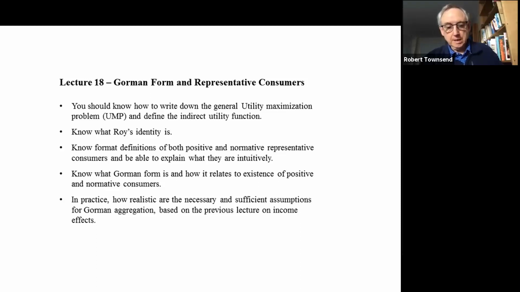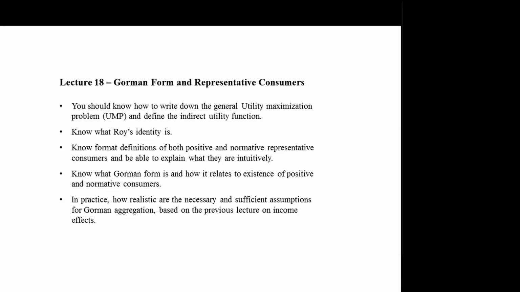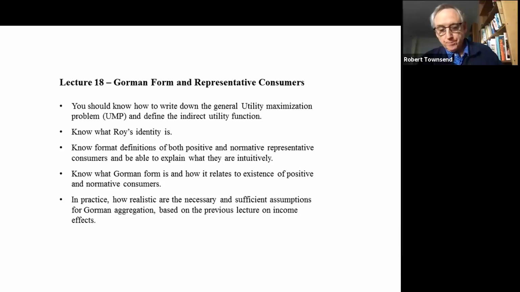And the statement about Gorman form is this form in which that indirect utility function must take in order to do this positive and normative thing. Can someone volunteer to tell me what, in words, if you can, what the Gorman form looks like?